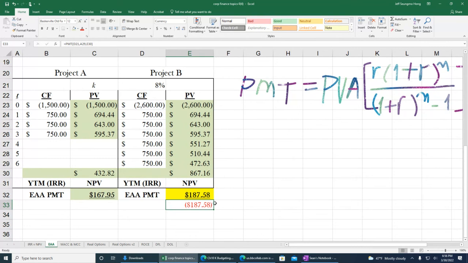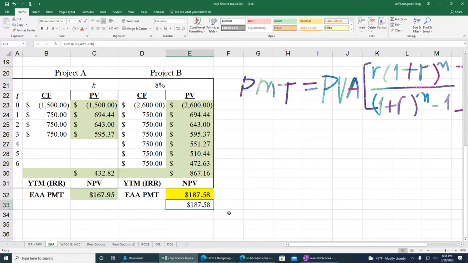All you need to do is put a negative over here, E30, put a minus sign. Then it will come out as positive, and you do the same here, you'll get the same thing.